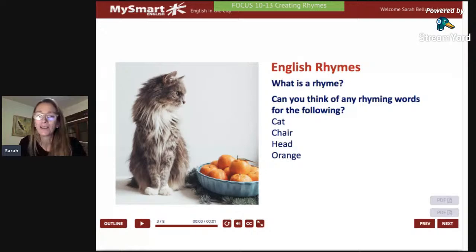Okay, so look, we're on this page, page 3, slide number 3. What is a rhyme? Okay, can somebody define in English, of course? Hi, Martina. Good evening. Can someone please try to define what a rhyme is? What is a rhyme?